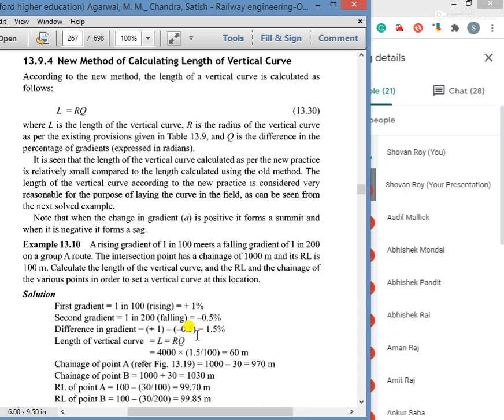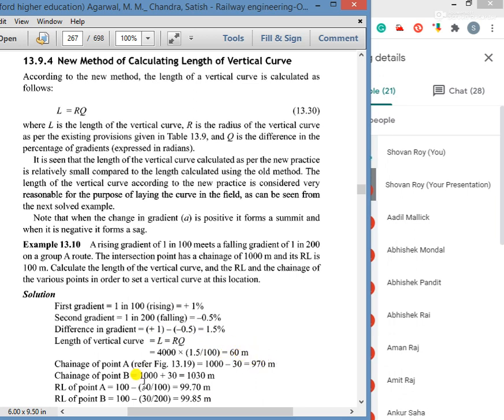As per the standard notification, that is a standard value, 4000. This value is given, and later you will see the R value, 4000. So 4000 into Q, the difference in gradient, that is 1.5 by 100, that is 60 meter. The length of the vertical curve is 60 meter.